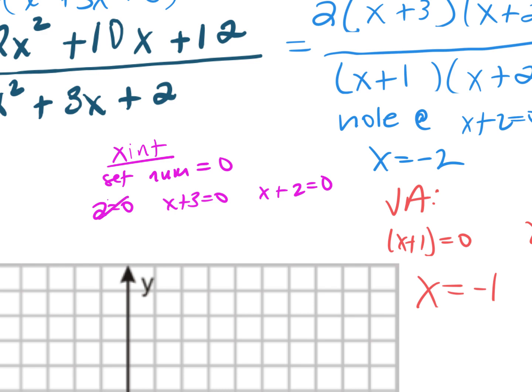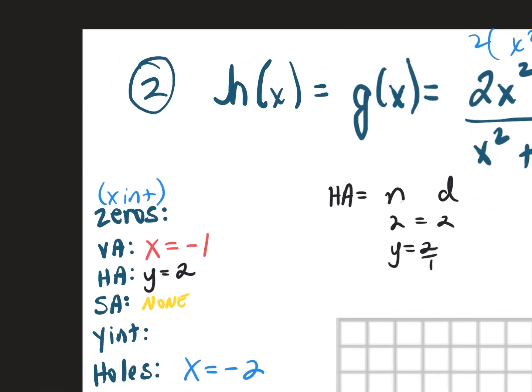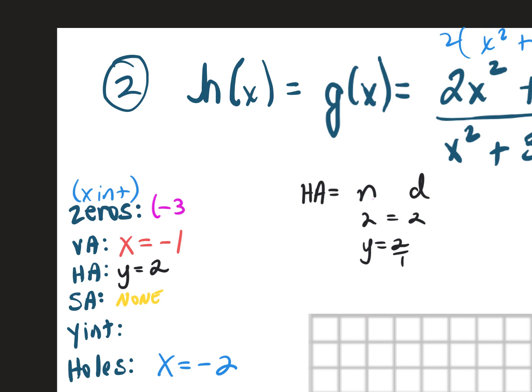No. Okay. So this is x equals negative 3, and this is x equals negative 2. But wait a second. Haven't we had x equals negative 2 already? Where have we had x equals negative 2? It's a hole. So guys, if there is a hole in the graph at x equals negative 2, could that also be an intercept? No. So you can cross that one off. So our x-intercept is at negative 3, 0.